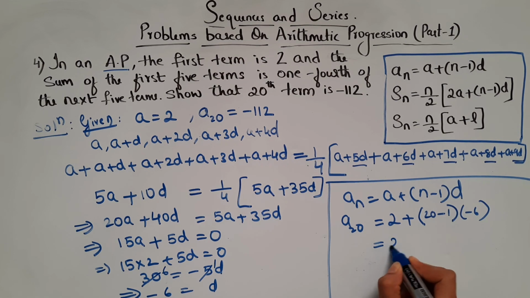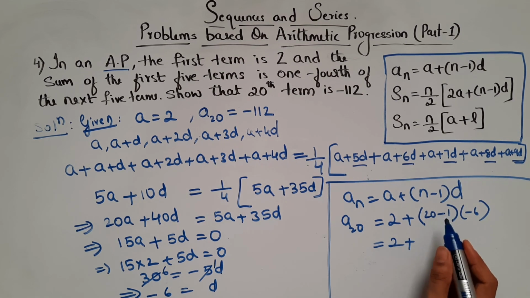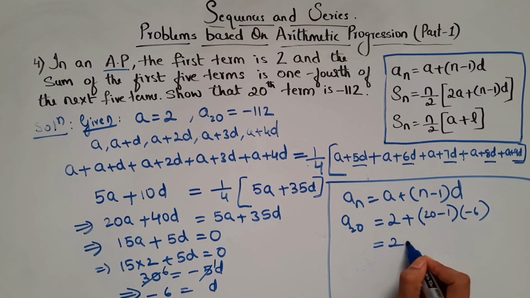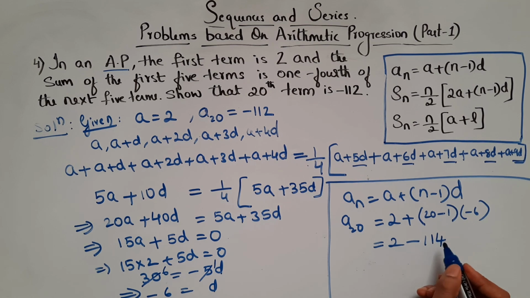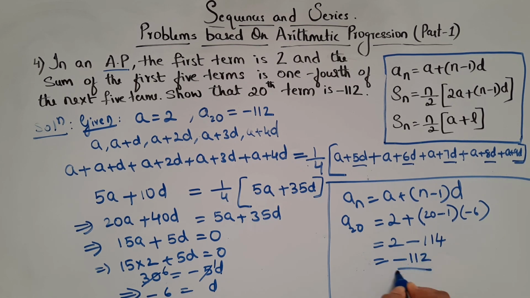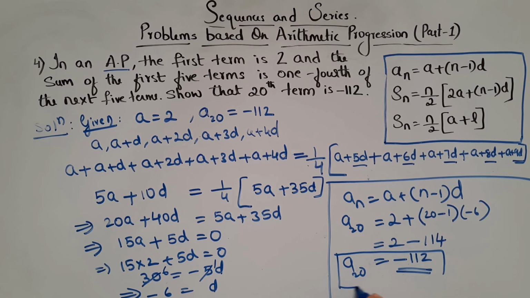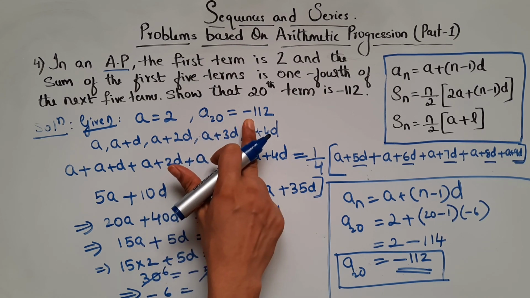Which is equal to 2 plus 20 minus 1 is 19. So plus into minus is minus. 19 into 6 will give you 114, which is equal to minus 112. So a20 is minus 112. So we had to show a20 is equal to minus 112, right?